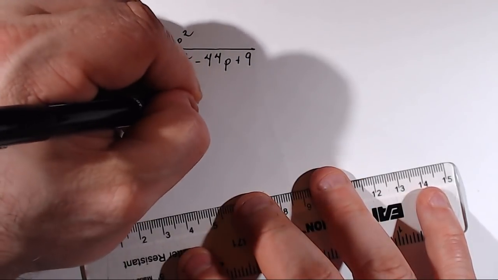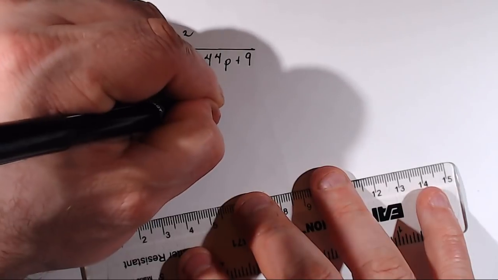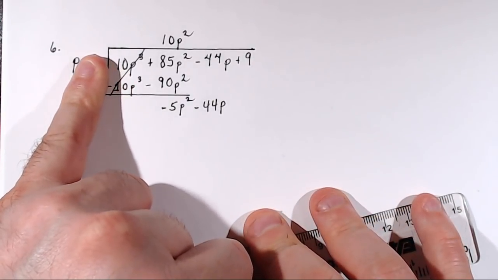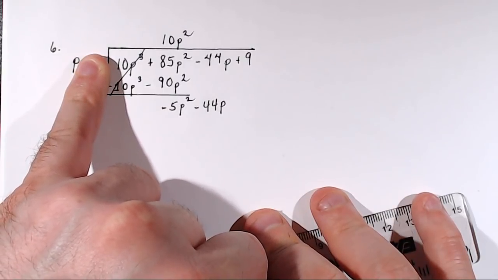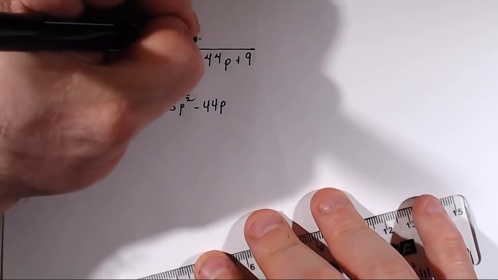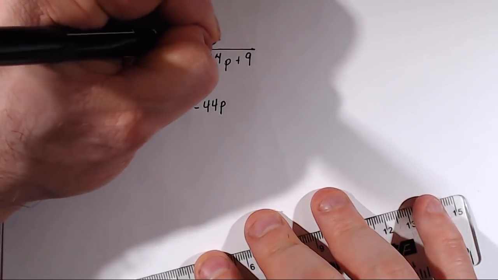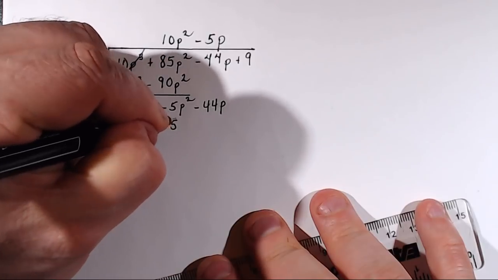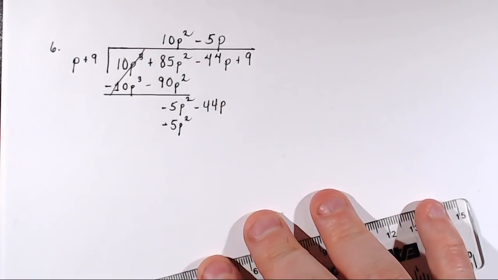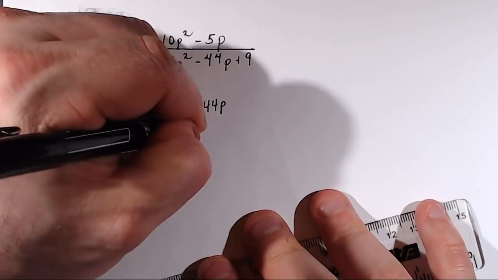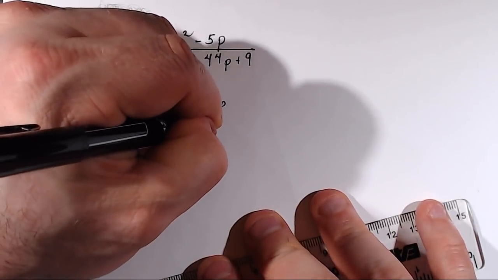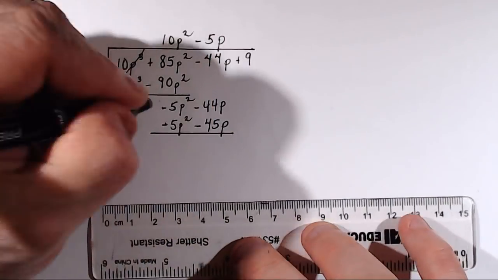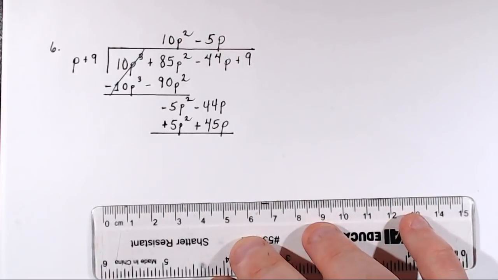Bring down the next term, negative 44p, and ask what times p equals negative 5p squared, and the answer is negative 5p. So put negative 5p. Negative 5p times p equals negative 5p squared. Negative 5p times 9 equals negative 45p. Draw a line, change the signs.